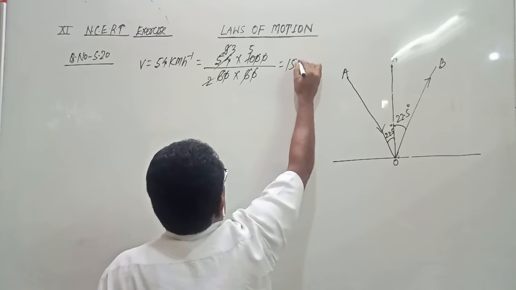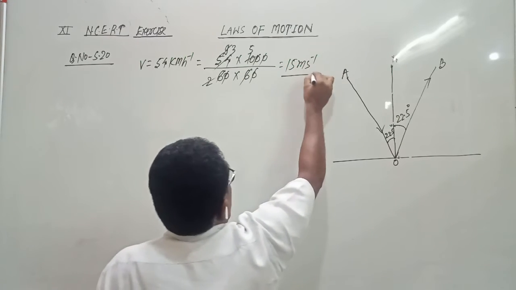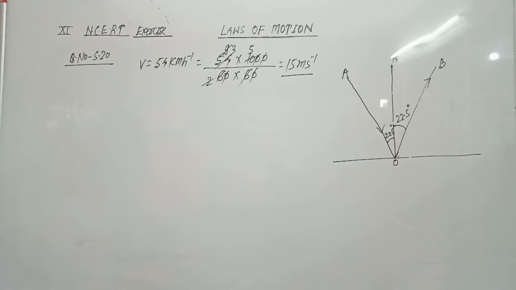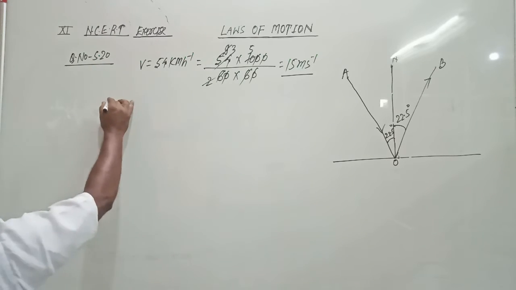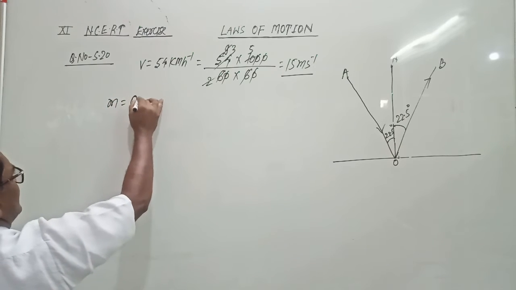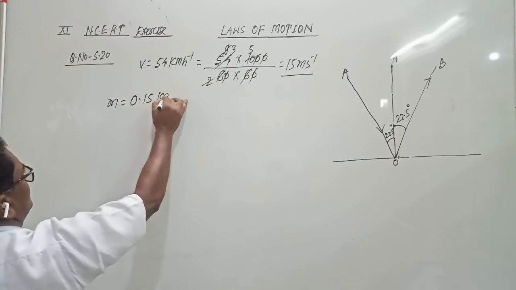This is the speed of the ball. What is the impulse imparted to the ball? The mass of the ball is given as 0.15 kg.